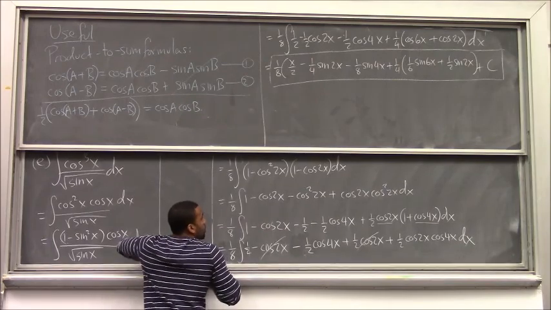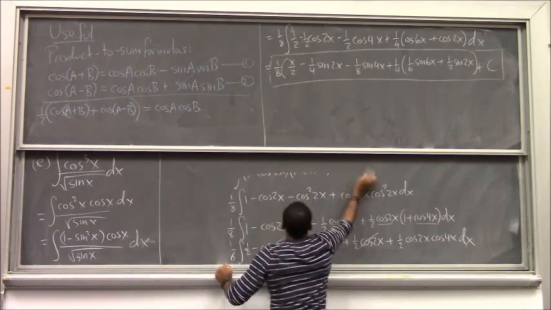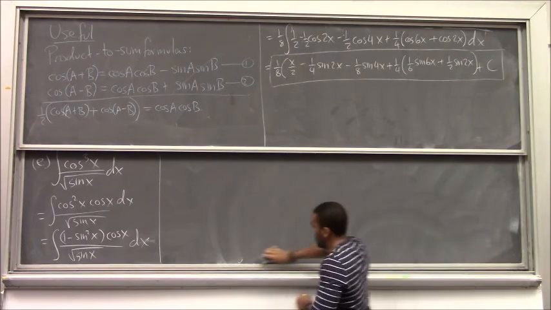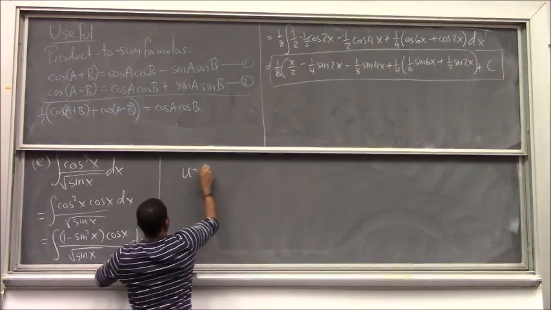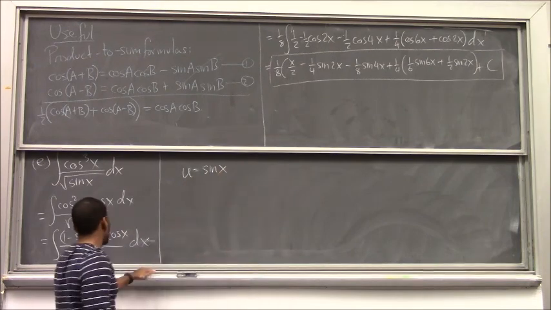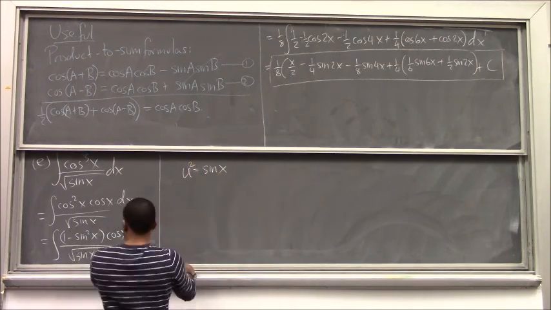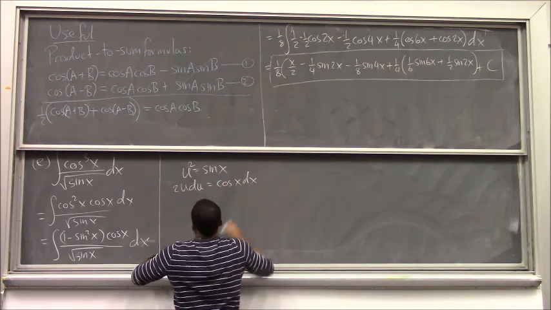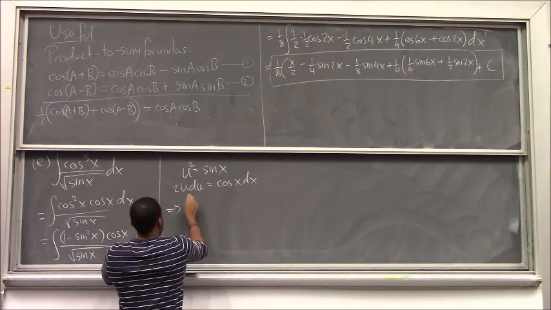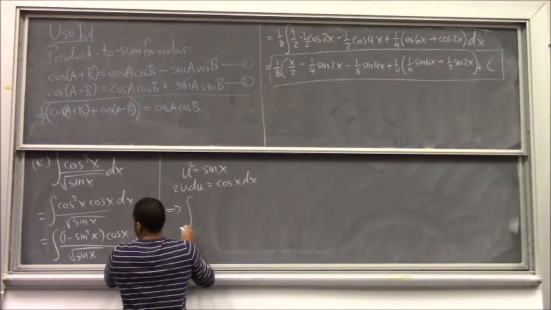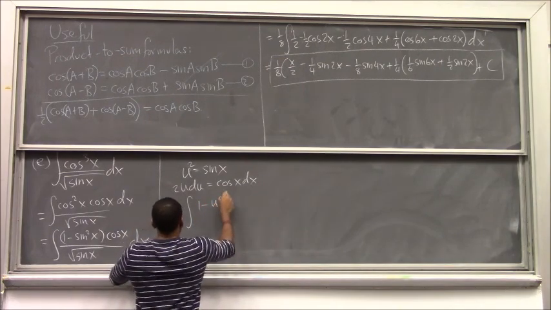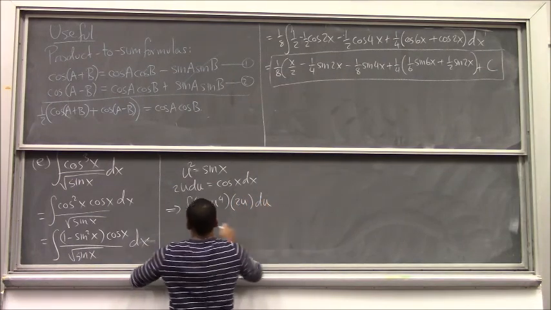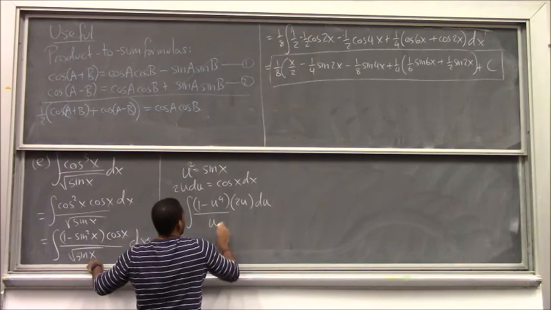So you can say u equals sine of x, or if you're really cool, u squared equals sine of x. 2u du is equal to cosine of x dx. So this guy would become 1 minus u to the 4th. The cosine dx would be 2u du, and then below here would be u.